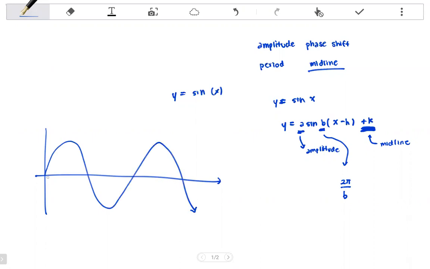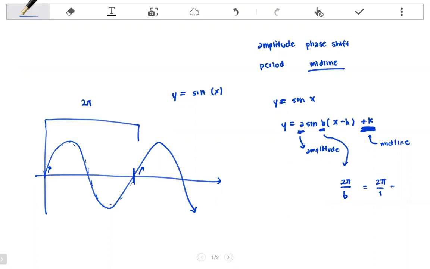our period, let's see, we start going up. Let's see where we go up again. Oh, this point, right? You start going up again. We see the same pattern. So our frequency ends here, which means that from here to here, it's going to be 2 pi. It's 1, right? So 2 pi over 1.